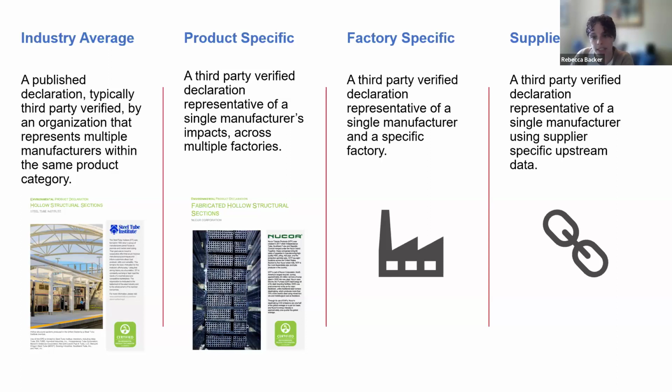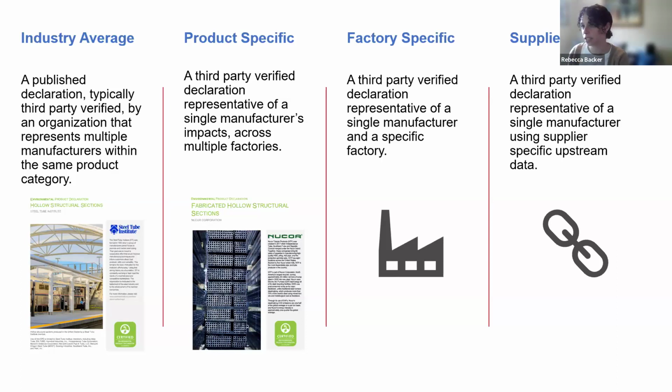Following a product-specific EPD, the next one in this grouping would be a factory-specific EPD. So this is where the EPD is not only specific to a single product and a single manufacturer, but the results are also disclosed on a per factory basis instead of being averaged across all of the factories.